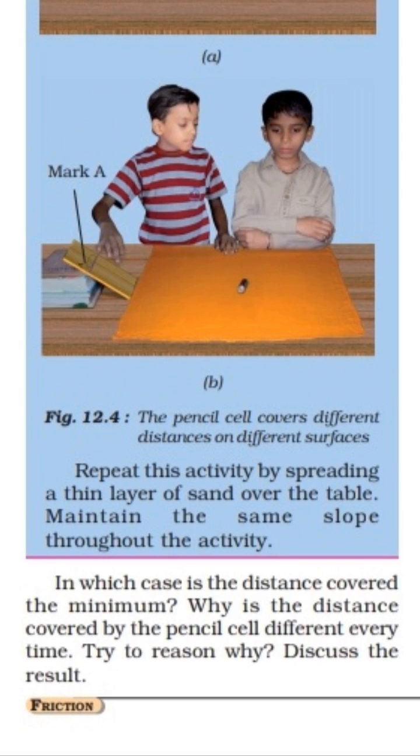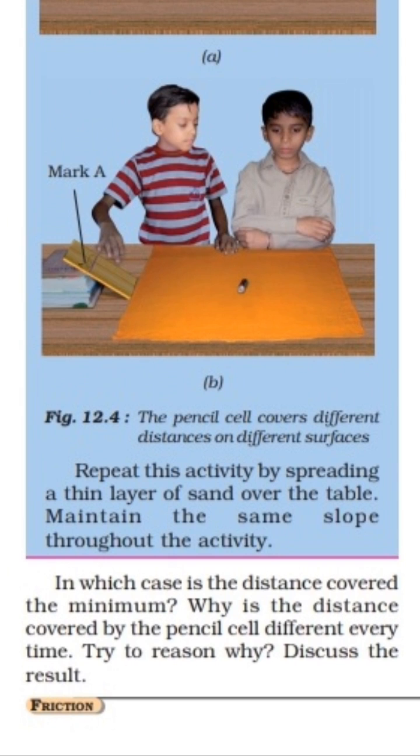In the first activity, when it is only the table, the cell covers more distance. When we use cloth, it covers less distance compared with the first activity. And in the last activity, with a layer of sand, it covers very little distance compared with the first and second activities. Why does this happen? Because of the smoothness of the surface.